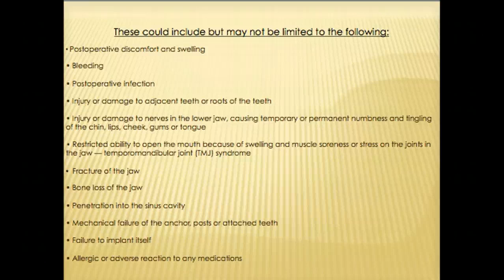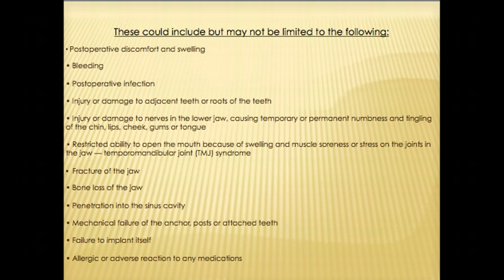For example, in a consent form for dental implants, we should put the possibility of post-operative discomfort and swelling, possibility of bleeding, post-operative infection, injury or damage to the adjacent teeth or roots of the teeth, injury or damage to nerves in the lower jaw, causing temporary or even permanent numbness and tingling of the chin, lips, cheek, gums, or tongue.